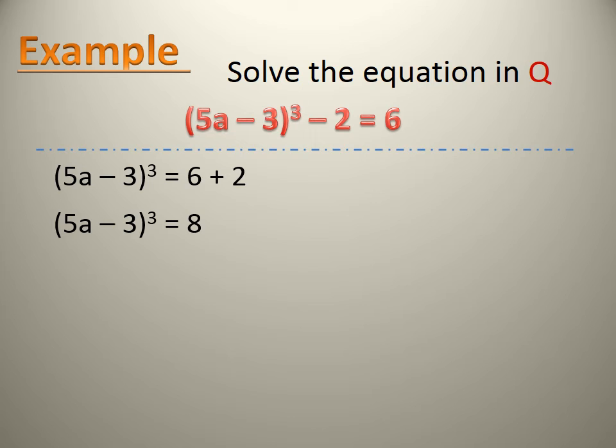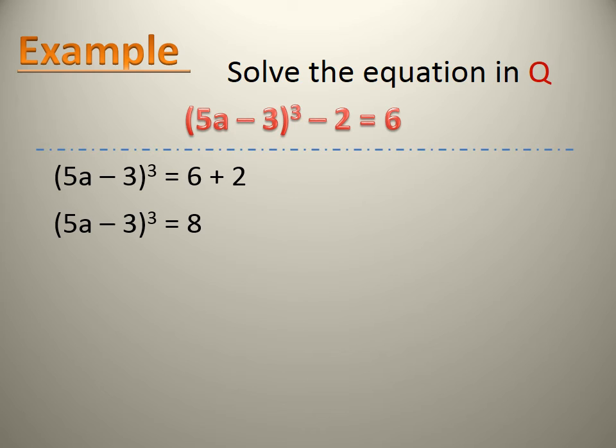We have two sides, and the left hand side is all to the power 3. We said before the inverse operation of power 3 is cube root, and vice versa, the inverse operation of cube root is power 3.